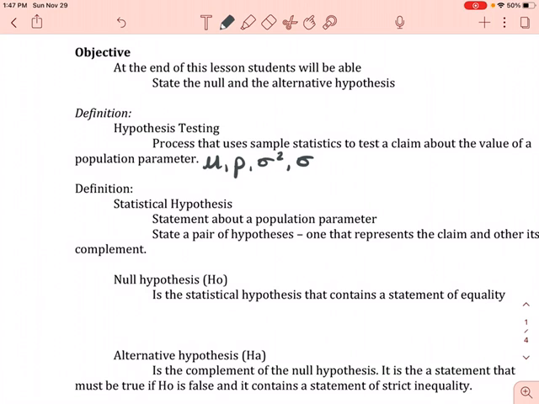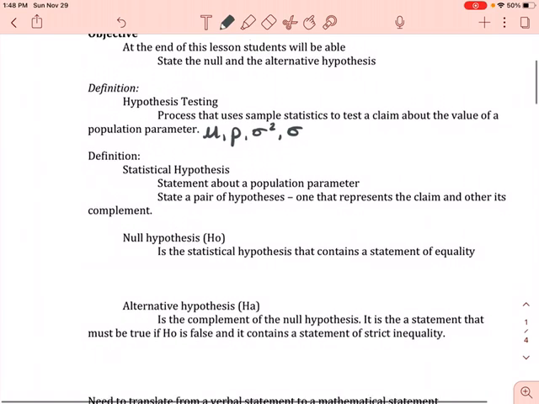So we have our statistical hypothesis. It's our statement about the population parameter. Now you can state it in words or symbols. We're going to talk a little bit about both, but mainly we're going to focus on symbols. If you decide and you're an underclassman, you want to take AP stats, you do more in words. So the statistical hypothesis is the statement about your population parameter.